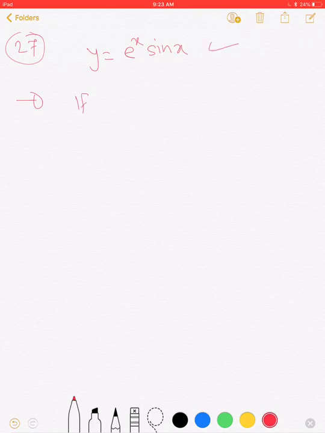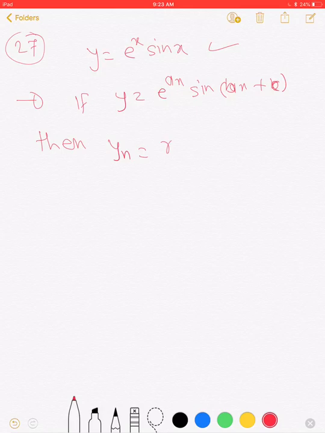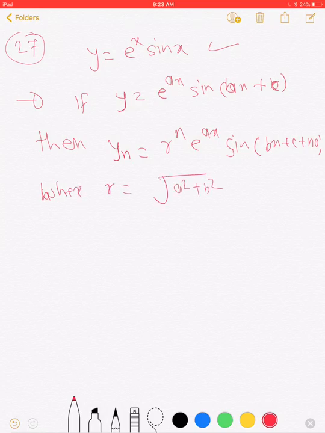We know that if y is equal to e raised to the ax sin of bx plus c, then yn is equal to r raised to the n e raised to the ax sin of bx plus c plus n theta, where r is equal to square root of a square plus b square and theta is tan inverse of b by a. So this is the nth derivative of this function.